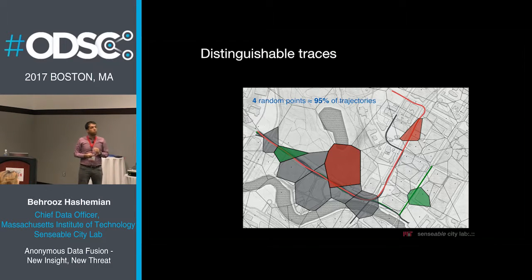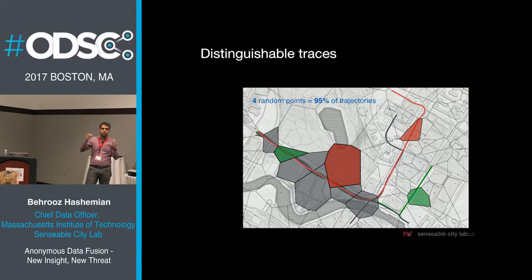This has been shown for call detail records and for credit card data, although they are anonymized. Even though, as you see here, the resolution is very low, in some cases tens of meters, or in rural areas many kilometers, still with 4 random points we can distinguish these traces.